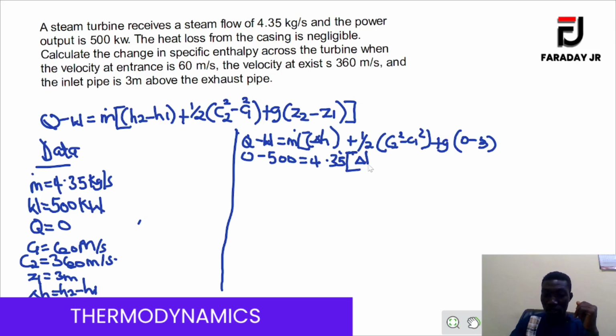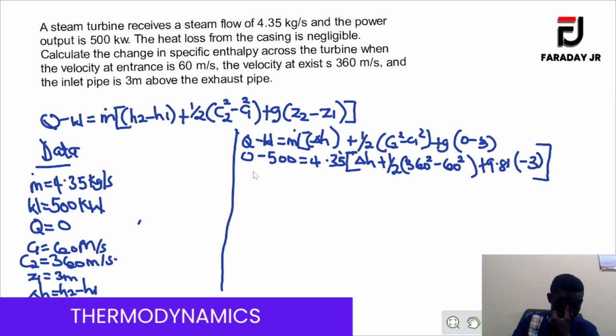We have change in H, plus half of 360 squared minus 60 squared, and what's our gravity? 9.81 multiplied by minus 3. Then don't forget that 4.35 is in kilo, kilowatts, so we can divide this by this to get it in specific enthalpy form.